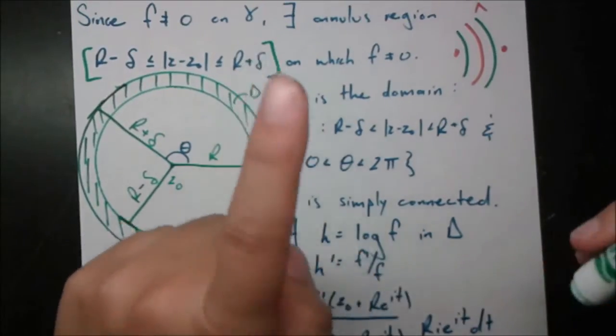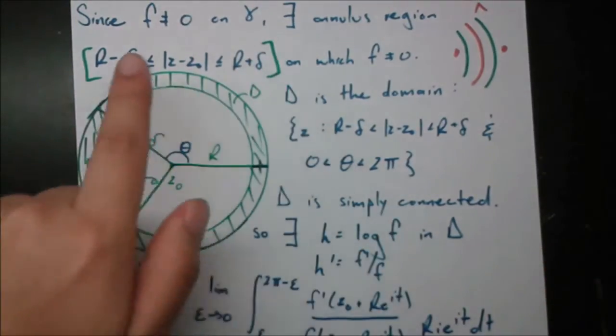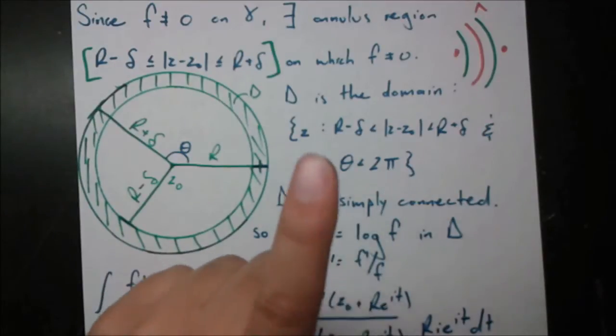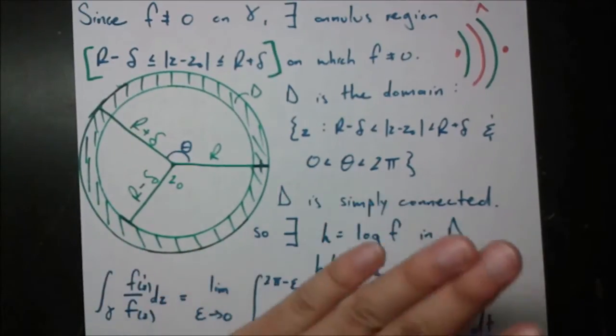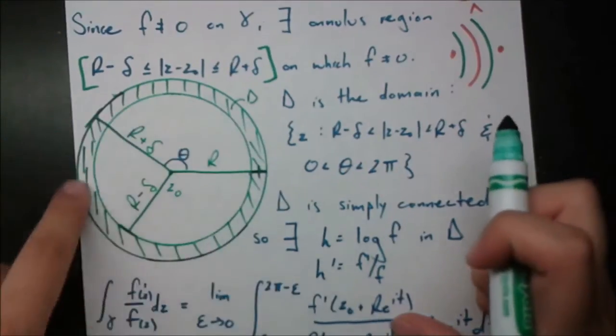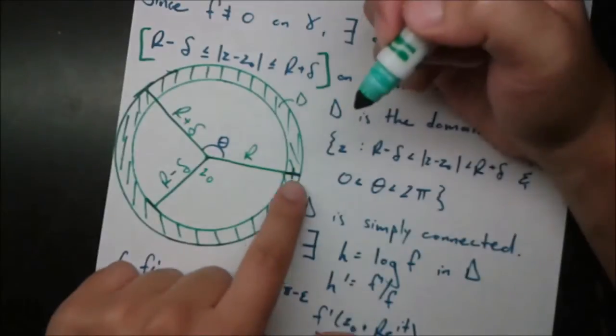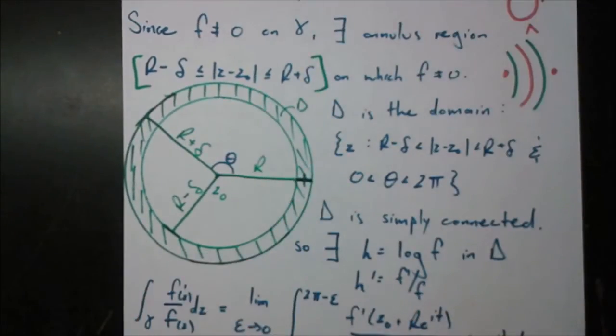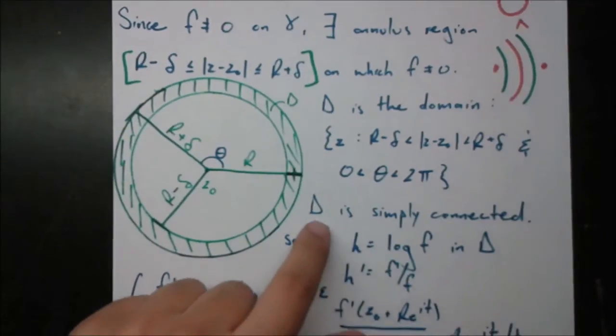So there's a very special note about D. D is indeed that annular domain, but notice something. We're going to let the theta only go from 0 to 2 pi, not inclusive. It's not going to include 0 or 2 pi. What does that mean? Well, it means it's this whole annular domain right here, but this little segment I've drawn right here is not included in that domain, and that's very important because that means D is simply connected.